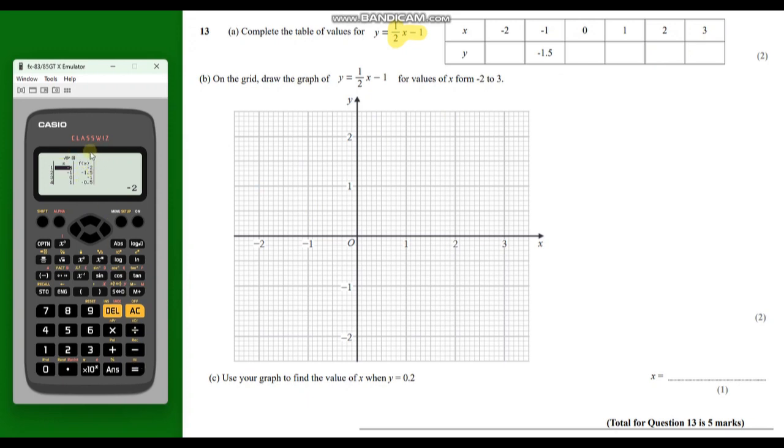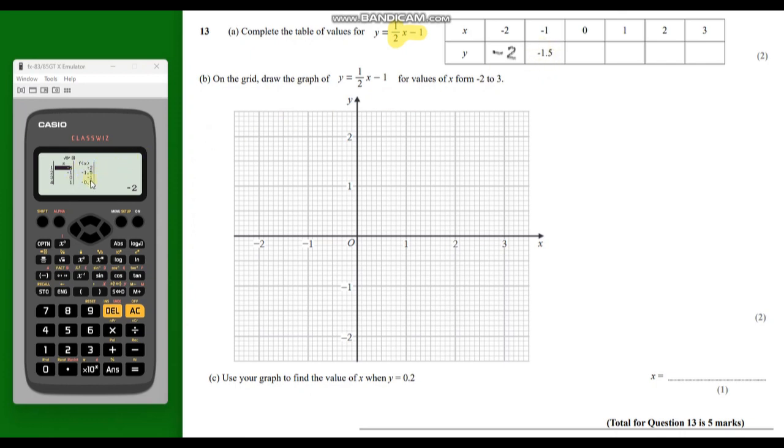So just be really careful now because we're reading down here, but here we're reading across. So it's all been flipped. So just be careful about that. But you can see that when x equals -2, y equals -2. When x equals -1, y equals -1.5, which we've already got, so we know this is correct.